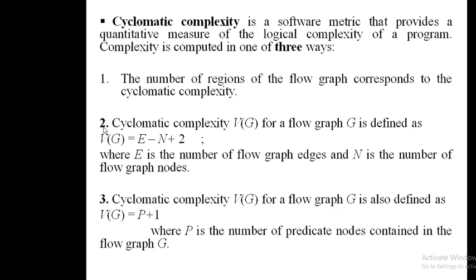The second way of finding the cyclomatic complexity: the cyclomatic complexity V(G) for a flow graph G is defined as V(G) = E - N + 2. So this is the second way. Here E means the number of edges and N means the number of nodes.